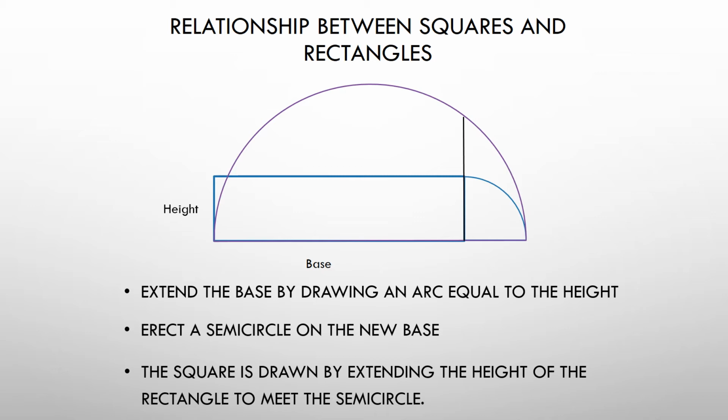That line represents one side of the square, and once you have one side of the square, then we could draw the square. That square is equal in area to the rectangle.